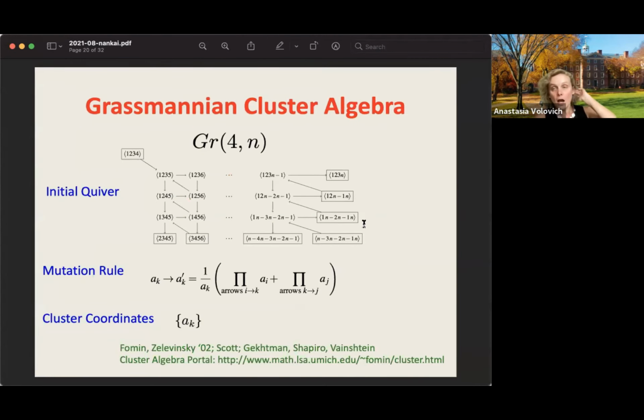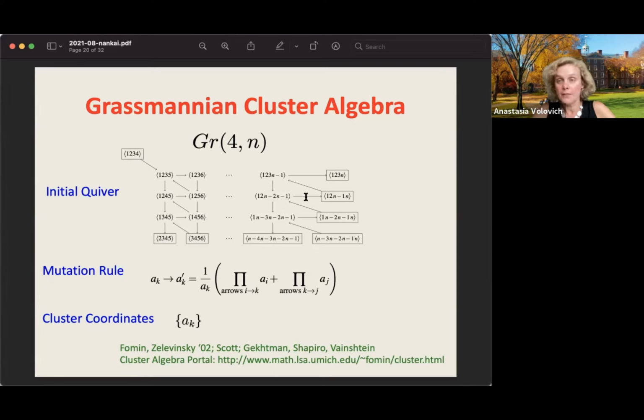So, one slide on Grassmannian cluster algebras. It's a rich subject in mathematics. Cluster algebras were first invented by Fomin and Zelevinsky in 2002. Grassmannian cluster algebras are due to Gekhtman, Shapiro, and Vainshtein, and Scott. To define a cluster algebra, you need two things. You need an initial quiver. For Gr(4,n), the quiver is 3 by n minus 5 of this type, and you need a certain mutation rule.